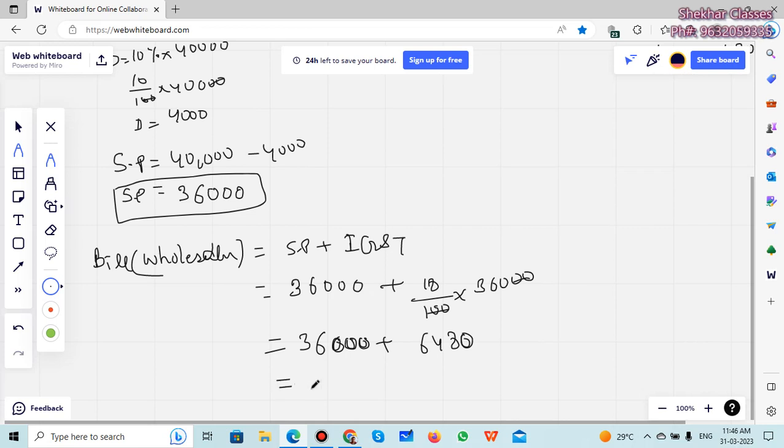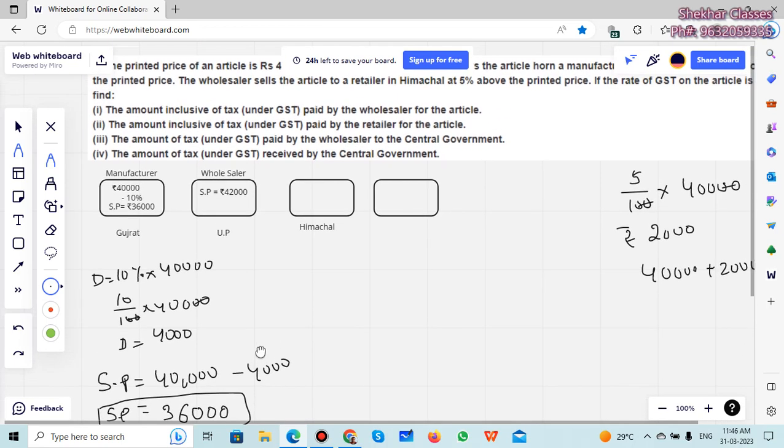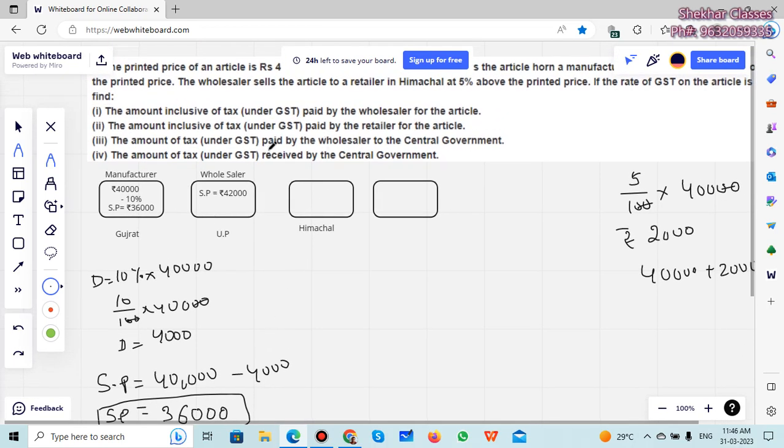So how much is the bill amount? 42,480 rupees. So this is what the wholesaler in UP will pay to the manufacturer, right? Amount inclusive of tax paid by the retailer.